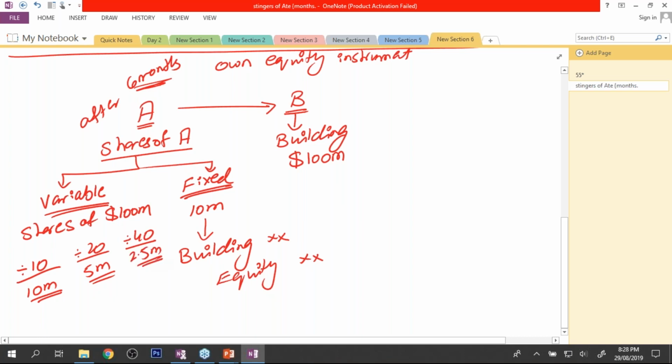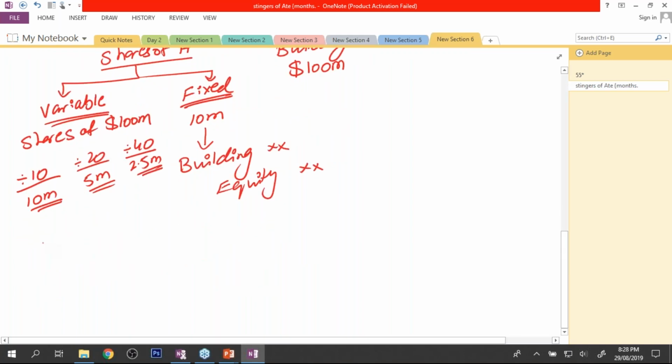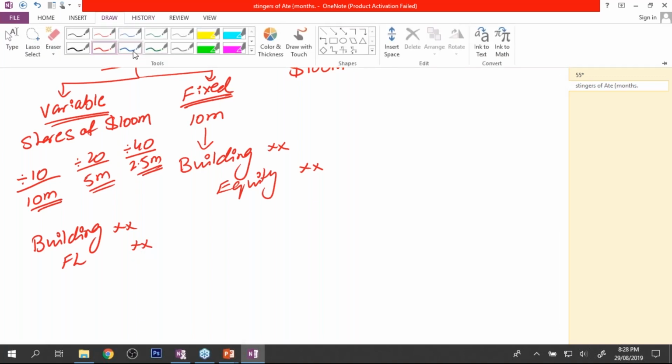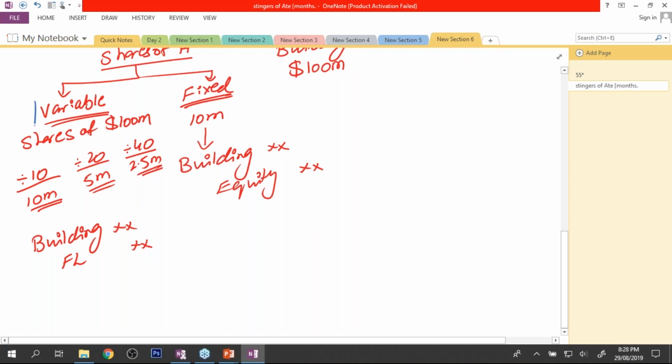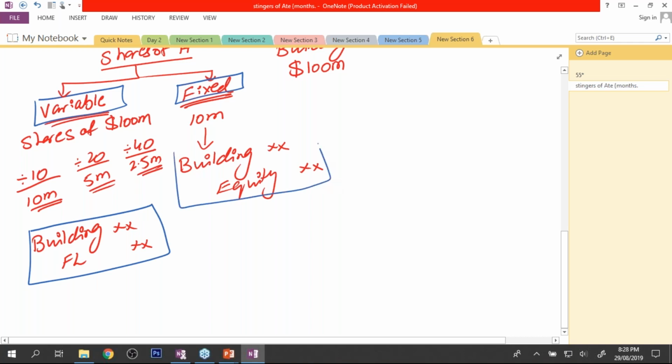So we ourselves don't know exactly how many shares we are going to give. So in this case, we say that it is a financial liability and the entry should be building debit and the financial liability credit. So the only difference between both the cases is that if the number of shares is variable, we call it a financial liability. If the number of shares is fixed, we call it an equity.